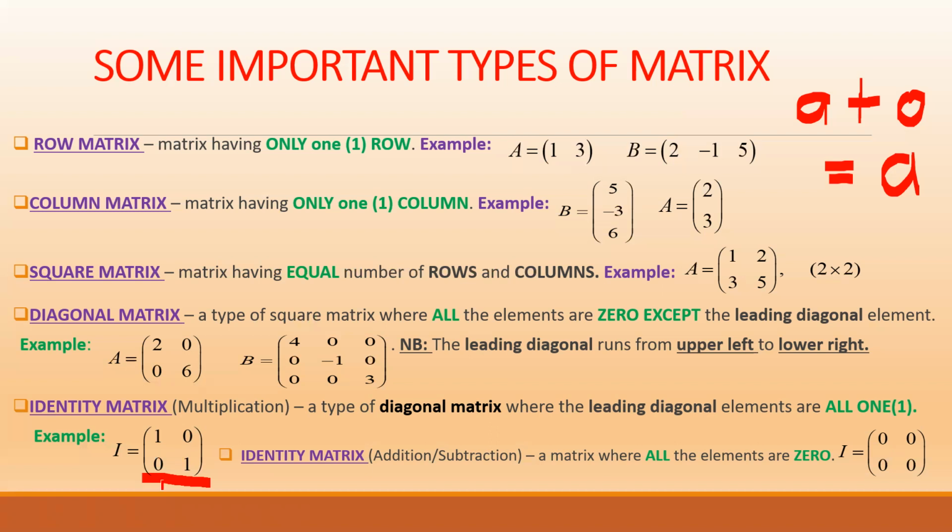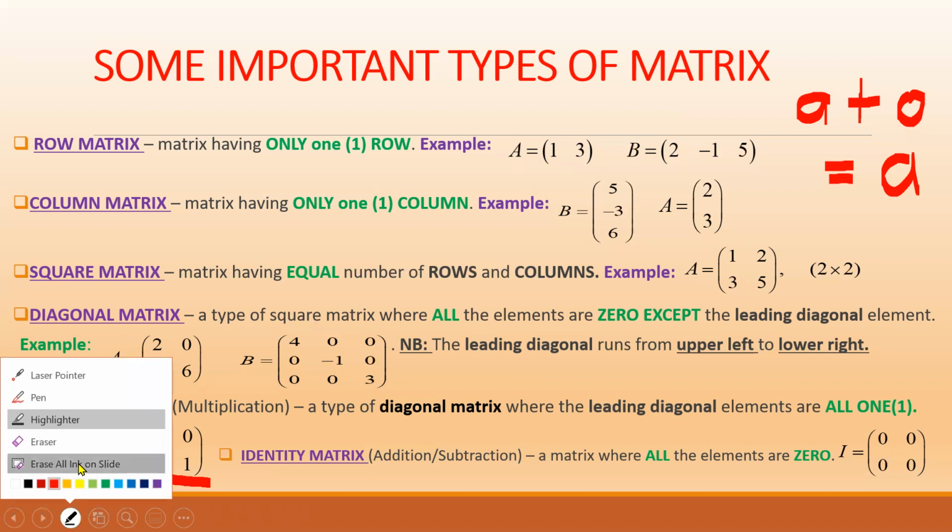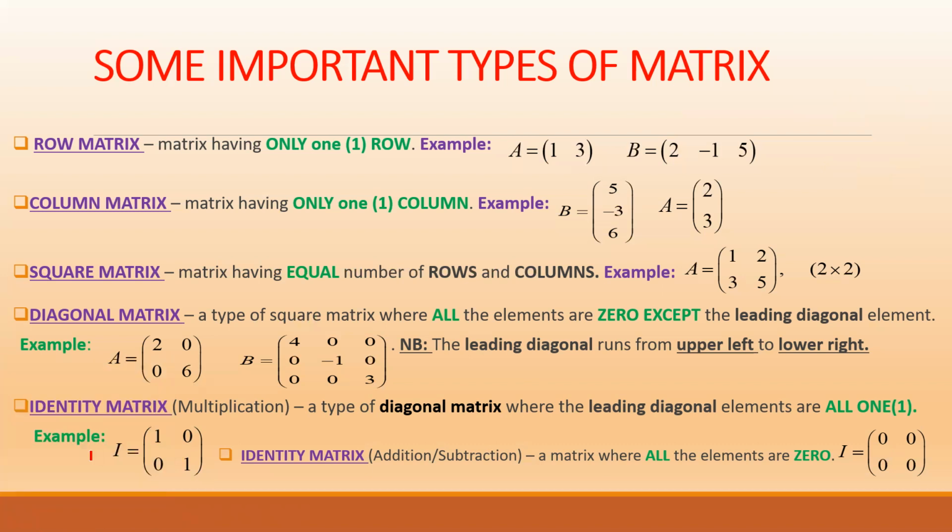If you should recall, 1 is the identity number for multiplication. So if I have the letter A and I multiply A with 1, I'm going to get back A. So 1 is the identity number for multiplication. And that is why the identity matrix for multiplication has 1 in the leading diagonal elements.